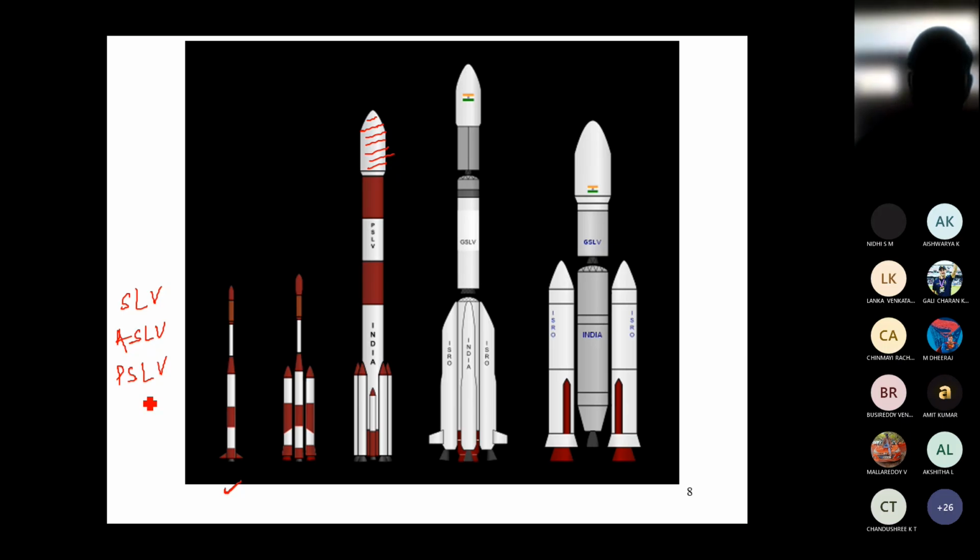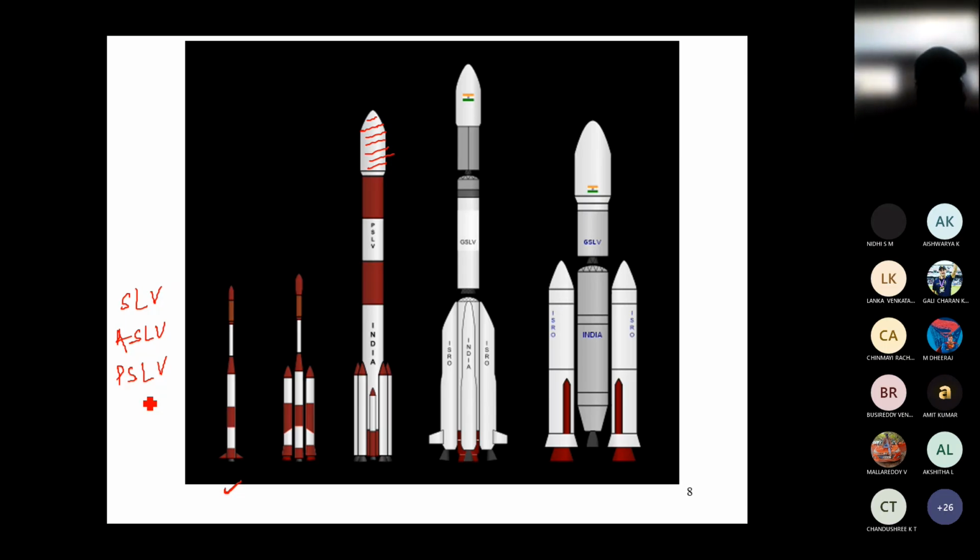Okay, so what is the answer to multiple stages? Because stage by stage, the functionality of each electronic part of the rocket will be over, and those parts will automatically be removed from the rocket, so that gradually the weight of the rocket will be lighter. As the rocket weight becomes lighter, the velocity of the rocket will be higher.